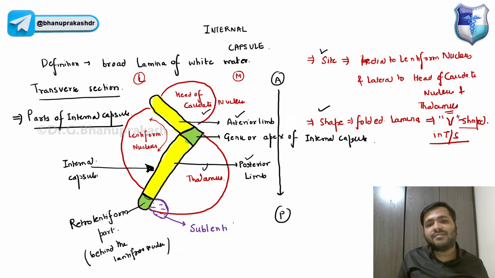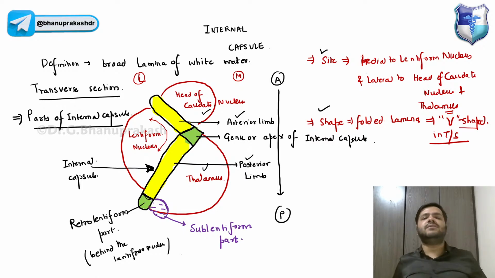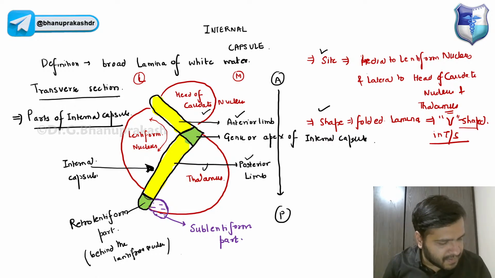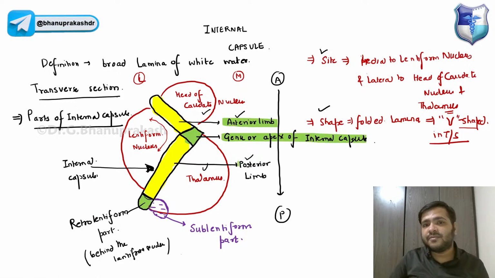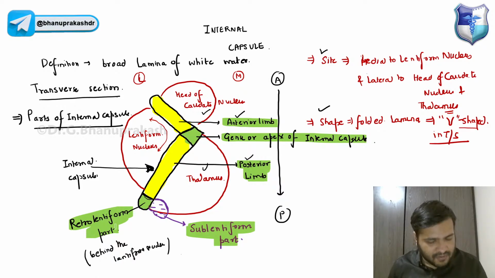Below the lentiform, it is the sublentiform part of the internal capsule. So remember, we have the anterior limb, genu or apex of the internal capsule, posterior limb, sublentiform part, and retrolentiform part.